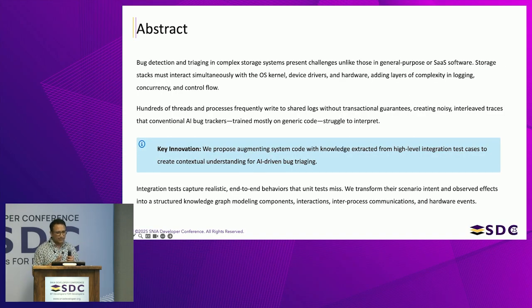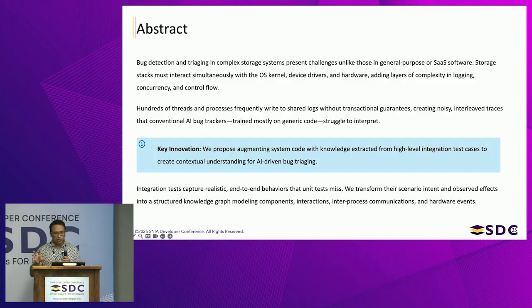In this slide, as it outlines, debugging in a storage system is not as simple as debugging a typical SaaS application. Storage stacks are unique. We have different layers, and the physical hardware itself creates layers of complexity. Untangling logging, concurrency, and control flow is massive.